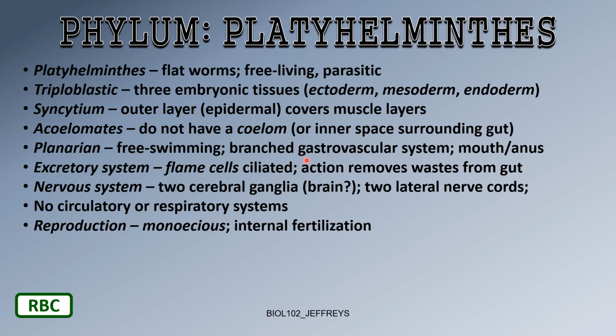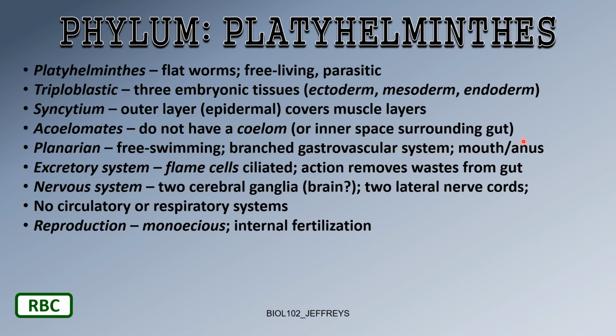They have a branched gastrovascular system. And notice I'm not saying digestive system because there is no formal digestive system, so gastrovascular. And planaria and flatworms have both a mouth and an anus.